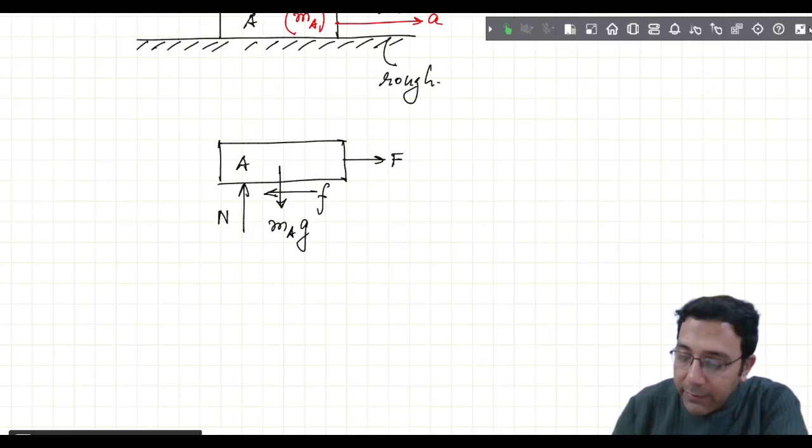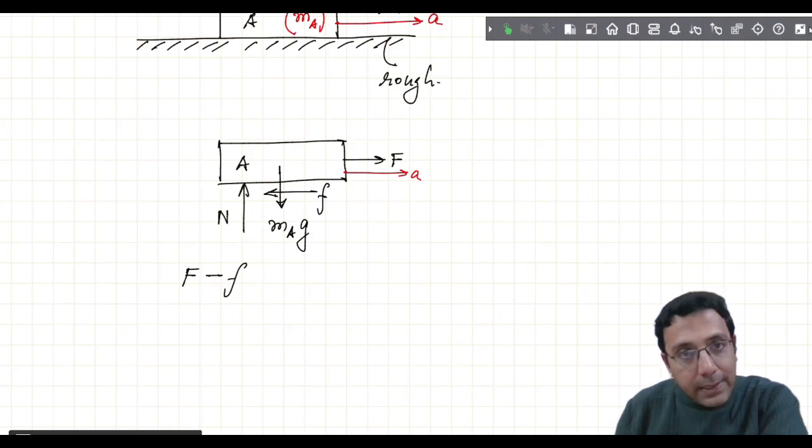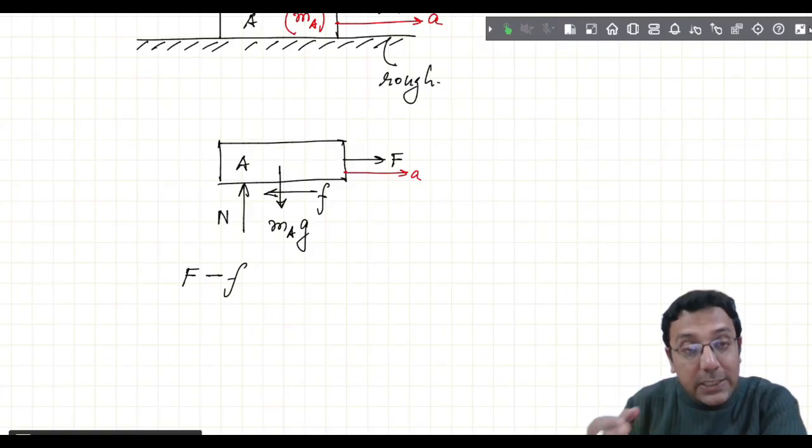So how do I write the equations? If it is accelerating with an acceleration, let's say a, I must write the equation in the horizontal direction as F minus f, that is the net force. We have learned that if the vector sum of the forces acting on the body is not 0, then the body is accelerating.